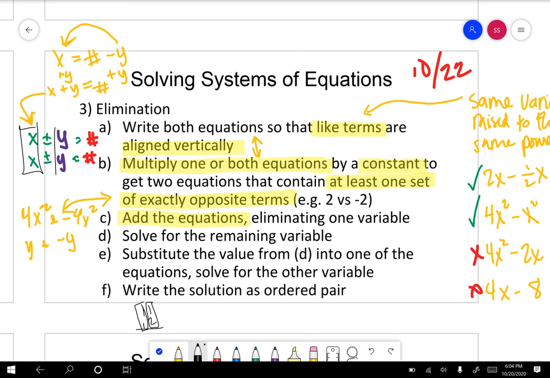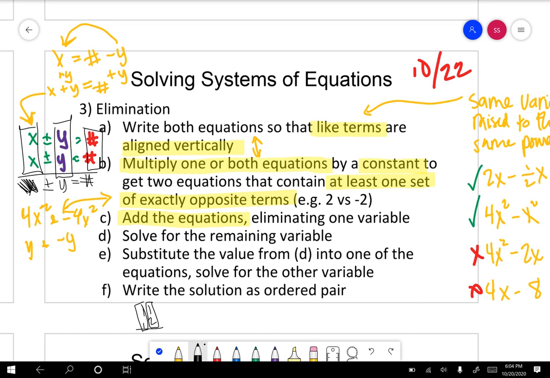You would add your x's, add our like terms, then add our y's together and our constants together, okay? To create a new equation. And again, if you did it correctly, you're going to have one set that are exactly opposite. So maybe your x's are exactly opposite, and in that case, your x's will cancel out and you'll be left with just y.